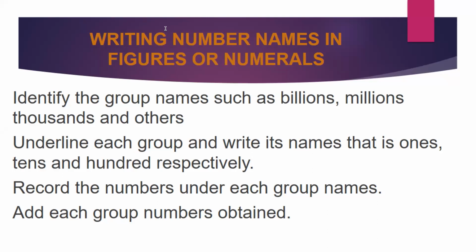Record the numbers under each group name and add each group's numbers obtained. You write the number names in figures or numerals where they are given to you in a number sentence, and then you translate them into figures or numerals.